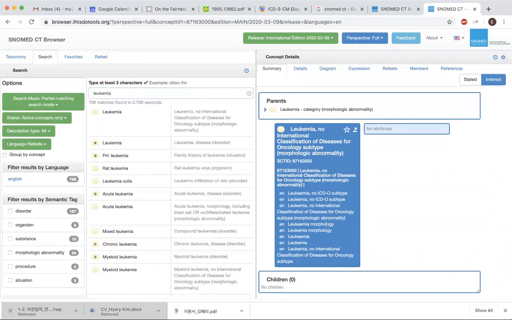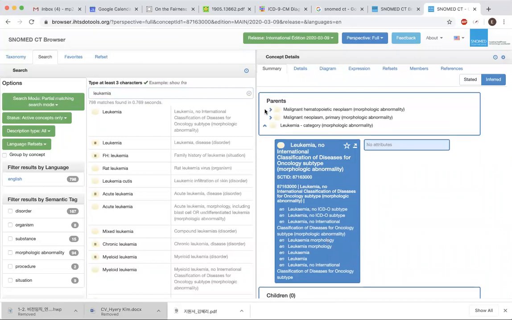So when you find leukemia, obviously there is parent-child relationship. So I guess leukemia is the parent of these two things. No, I'm sorry. These two things, malignant hematopoietic neoplasm and malignant neoplasm primary, they are the parents of leukemia. So obviously there can be more than one parent. There can be 2 parents. So it's no longer a tree now.